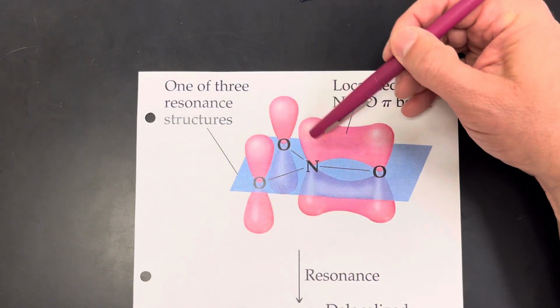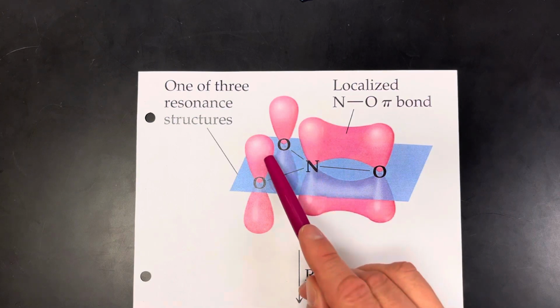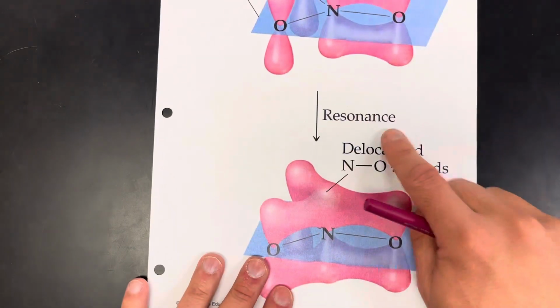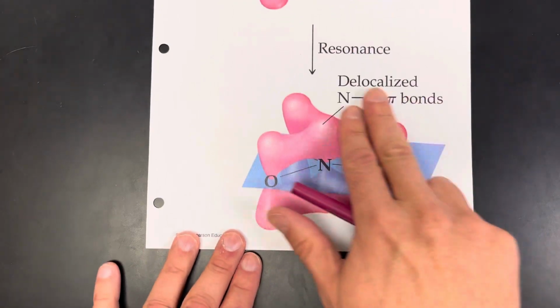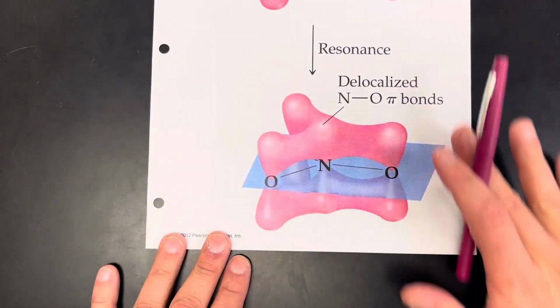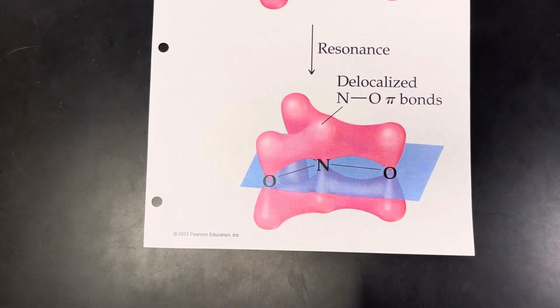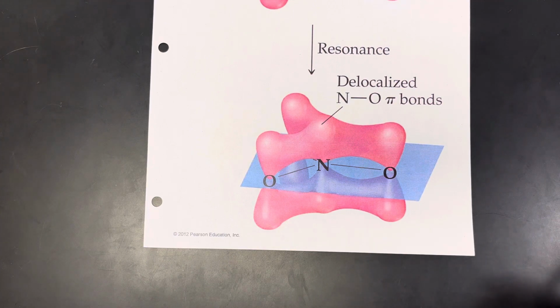That pi bonding actually exists here a little bit, and it also occurs here a little bit. So when it goes through resonance, those electrons are not between just two elements, it's spread through the entire molecule, okay? And that's why we call them delocalized. So you have delocalized electrons when you have pi bonding and resonance.